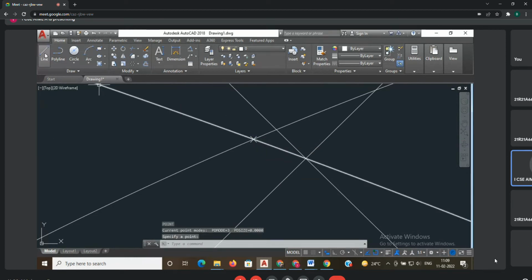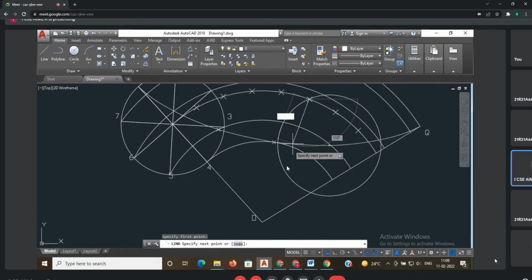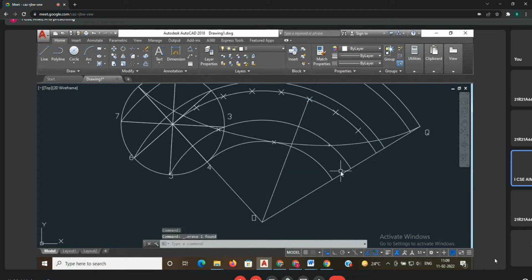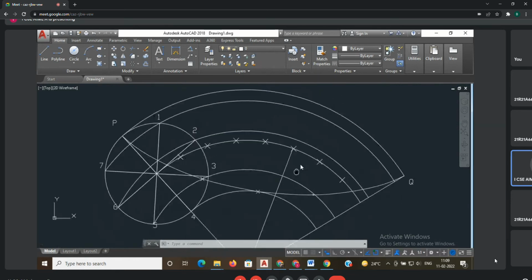From this point, you have to draw the line towards the directing circle center. Okay. Now you can erase this circle. Draw 1 line. Okay. If you observe here, where is the baseline?